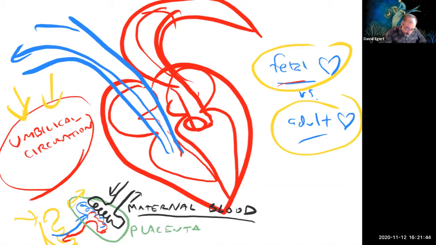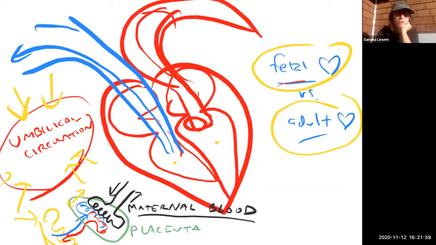If we take into account that umbilical circulation is taking care of oxygen and nutrients, what does that mean about the function of the heart in the fetus? It's irrelevant at this point, because the functions are happening elsewhere, in the placenta.